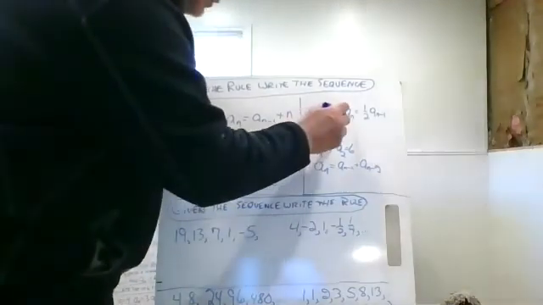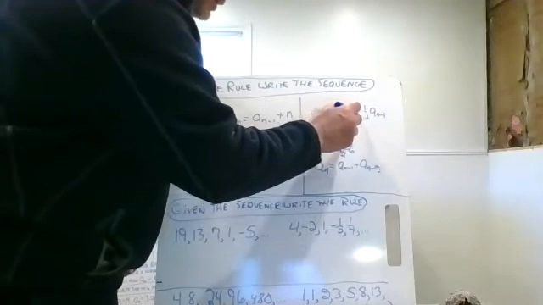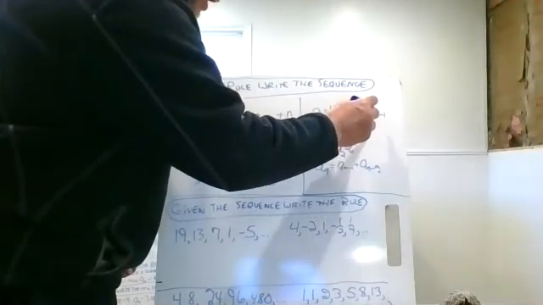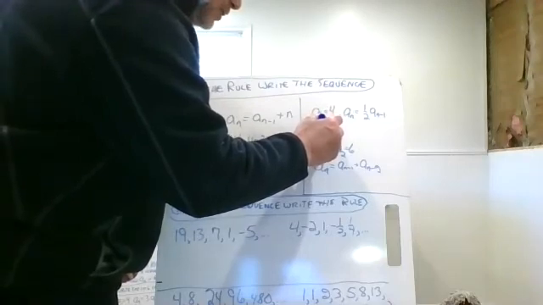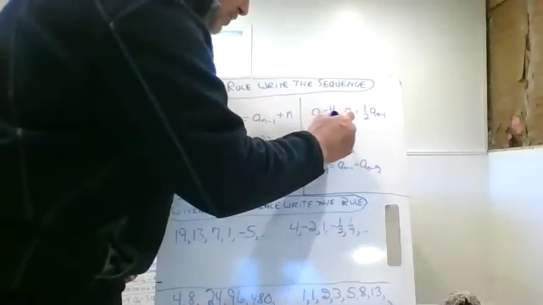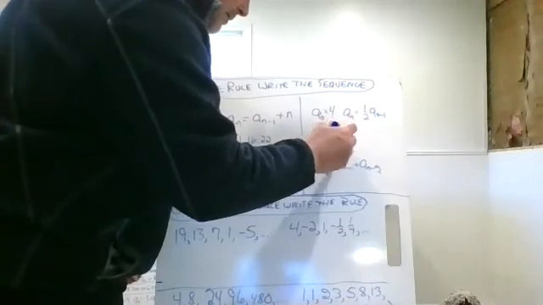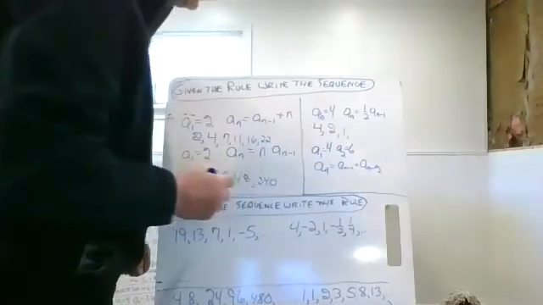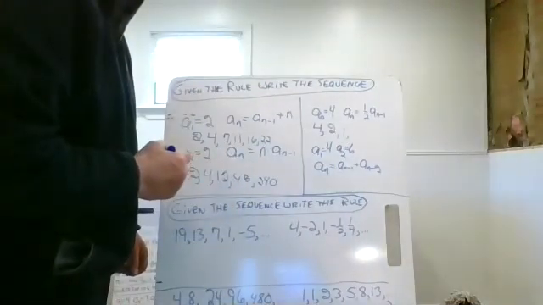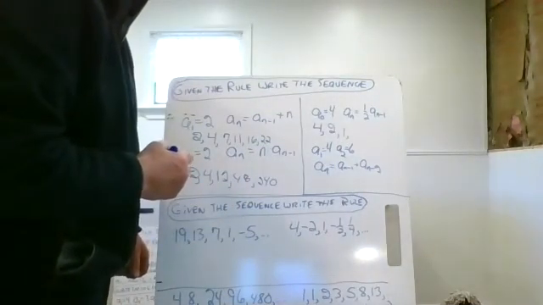And then the next one would be a sub 2 is 1/2 of a sub 1. So it's 1/2 of a sub 1, which is 2. And so it's 1. In fact, you can see what you've got here is a geometric sequence with ratio 1/2.